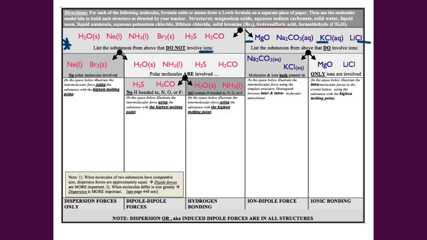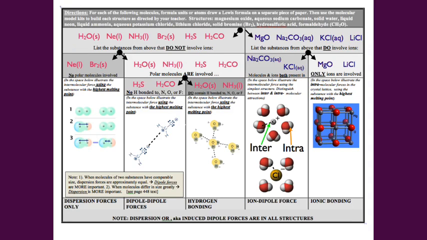And then on this other side we have things that do involve hydrogen bonding and things that don't involve hydrogen bonding. Alright, the next thing that you were asked to do was to follow and answer the questions down below, so let's take a look at some of the results of all that.